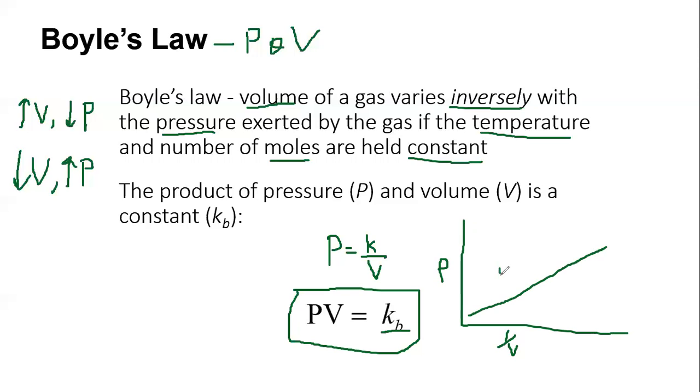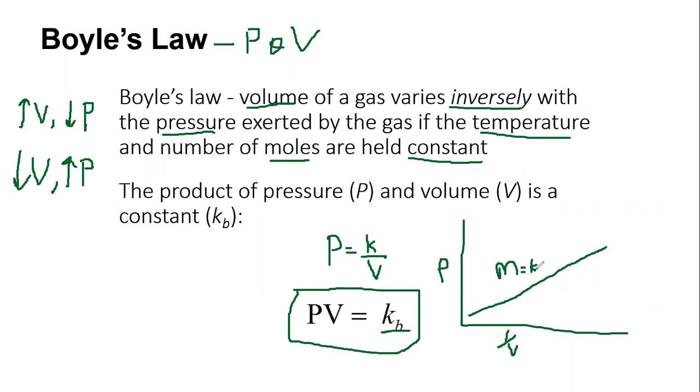And so the slope of this line would equal the K. So again, if you plot pressure versus 1 over volume, you're going to get a linear line, and the slope equals K for that system. And so this is graphically showing you what happens as you plot pressure and 1 over V.